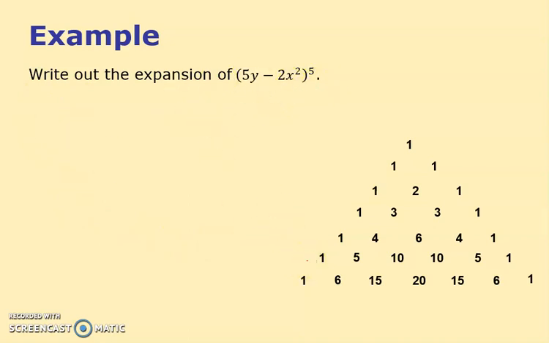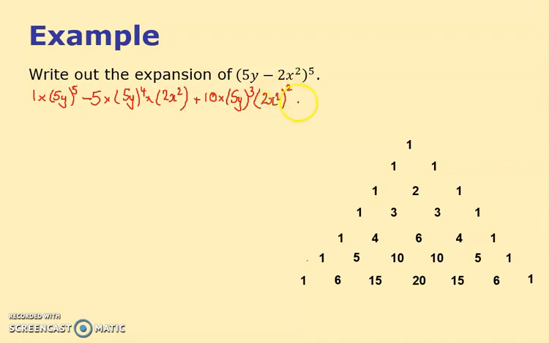The 5th line is there, so I can just write 1 times the first thing to the power of 5. I'm going to miss out the other bit. Well, notice it's got a minus in it though, so it's going to go plus minus plus minus. Minus 5 times 5y to the 4 times 2x squared. Plus, it's going to be 10 times 5y cubed times 2x squared.